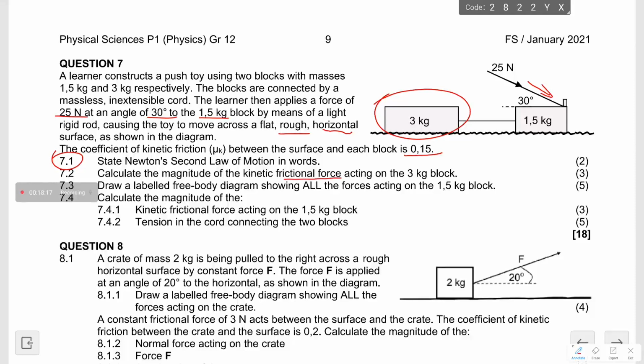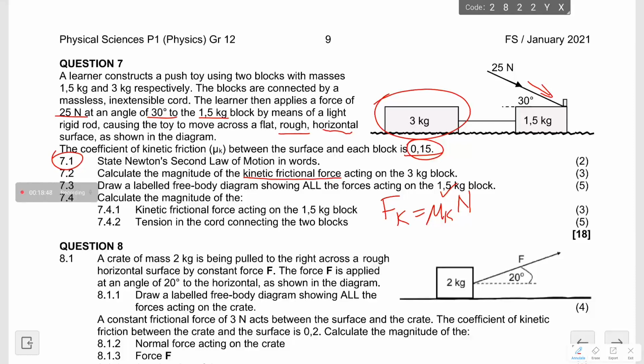So for us to calculate kinetic frictional force, we are already given the coefficient of kinetic friction. So what we need to determine first will obviously be the normal force, because that's the only missing information that will help us calculate the magnitude of the kinetic frictional force. So that will be the first step, calculating the normal force.